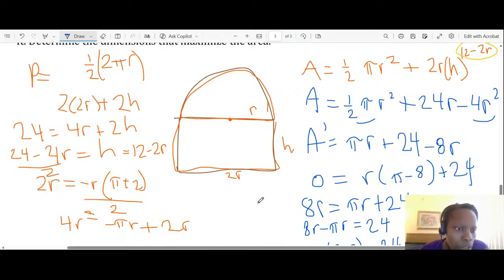Four r plus 2h. Okay, so I messed up on the perimeter calculation. So that's the reason why I'm not getting the same thing.